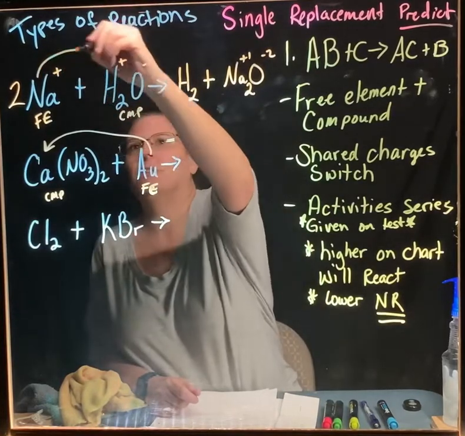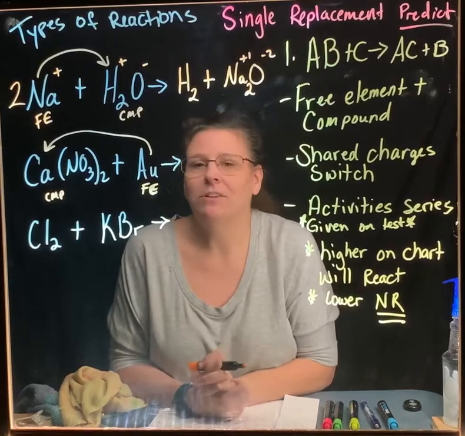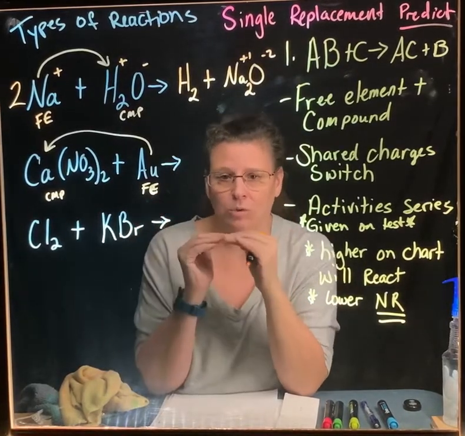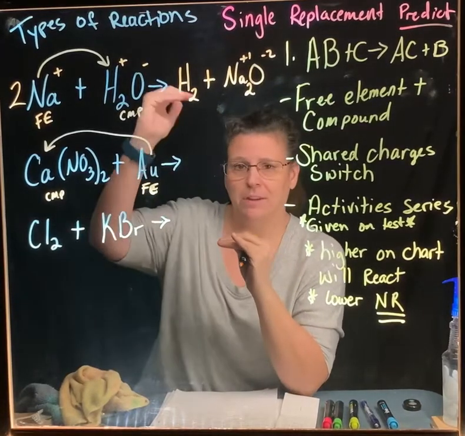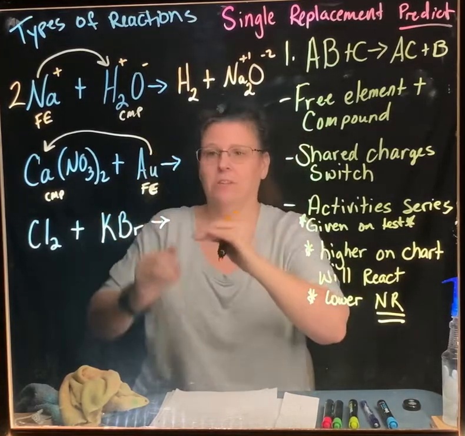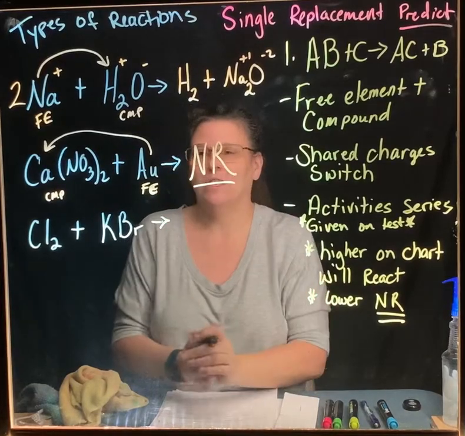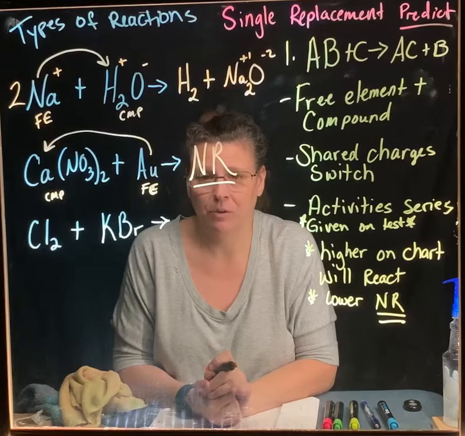What happened in the last one is sodium replaced the hydrogen, okay? So we have to look on our chart, and if you find your free element, gold, it's the lowest one on the chart. Calcium is way up here on the chart. So gold cannot move up. So this is going to be no reaction. You could stick gold in this all day long and it does nothing. It won't do anything, okay?